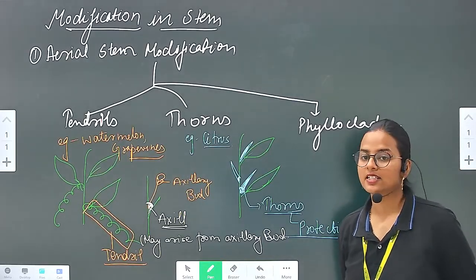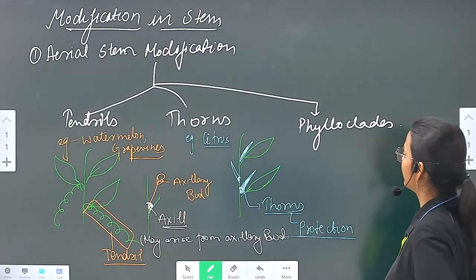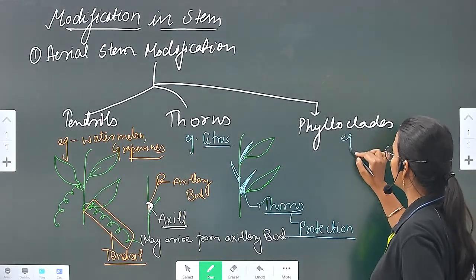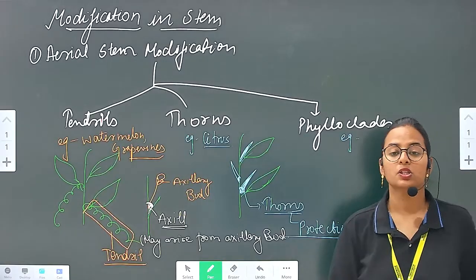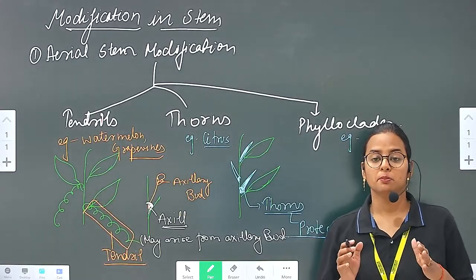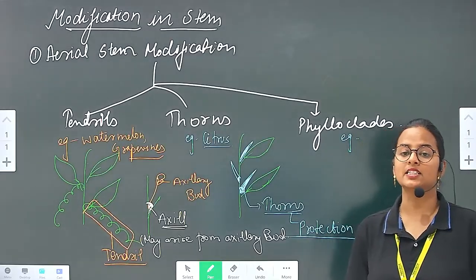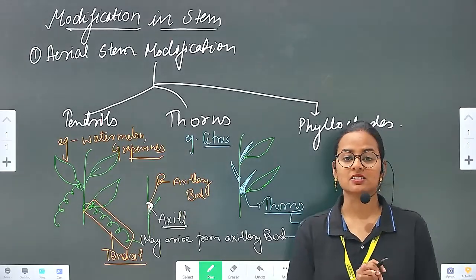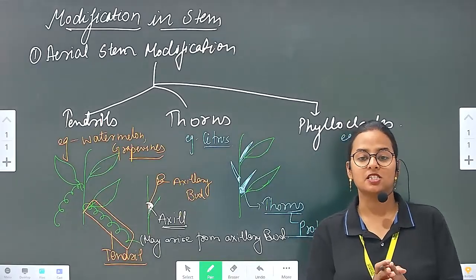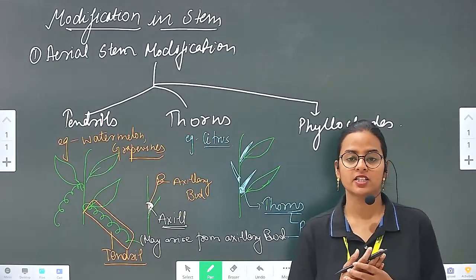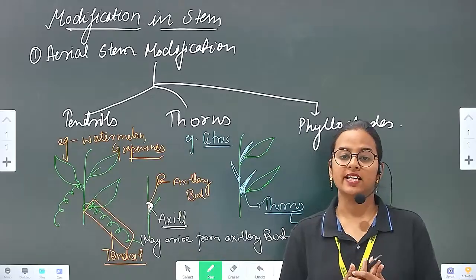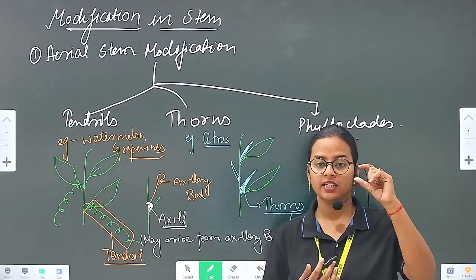All right? Now, phylloclade. Phylloclades are structures whose purpose is photosynthesis. You can say phylloclade is where the stem modifies itself into a photosynthetic organ, a flattened leaf-like structure but thick in its morphology.